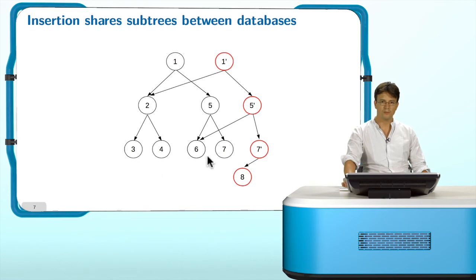Graphically, we've got something like that. From an input database, a new database in which you have inserted a new node 8 has only new nodes for the path from the root to the new node.